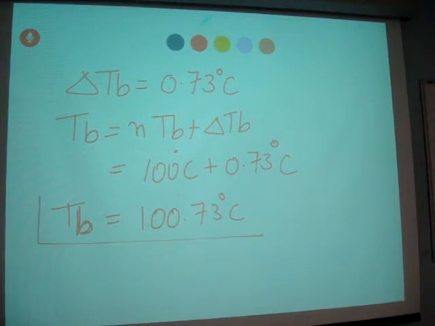You can find the boiling point of that particular solution.